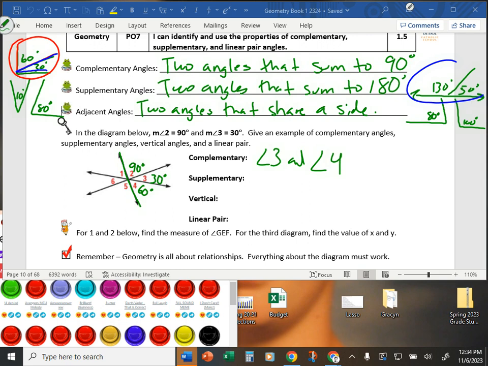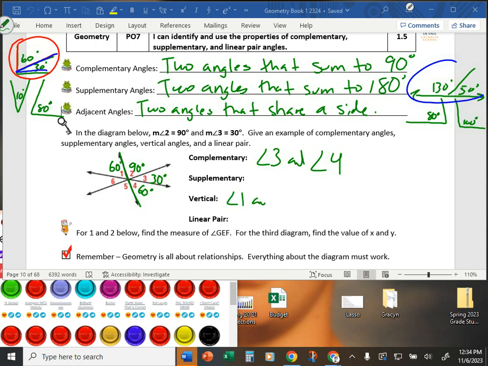Andrea? 1 and 6. Why are 1 and 6 complementary? Because 1 is vertical to 4, which makes it 60, and 6 is vertical to 3, which makes it 30. Sure, 30 to 60. Yeah, so we can actually get on to vertical angles here also. Angle 1 and angle 4 share a vertex. They're opposite each other. Therefore, they are congruent. So we know that angle 1 has to be 60 degrees as well.